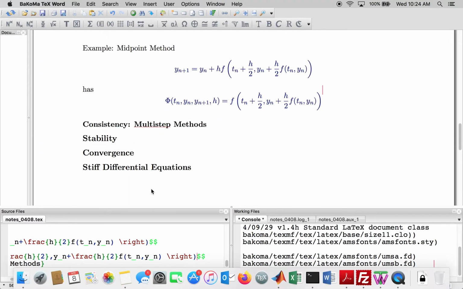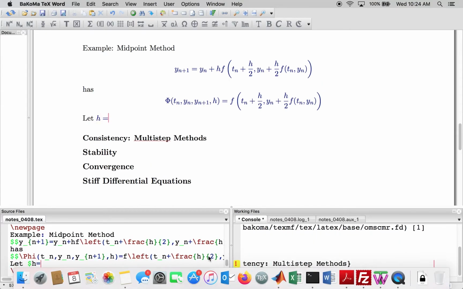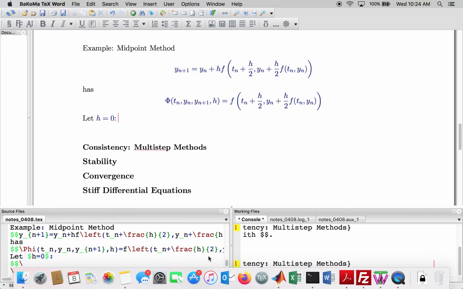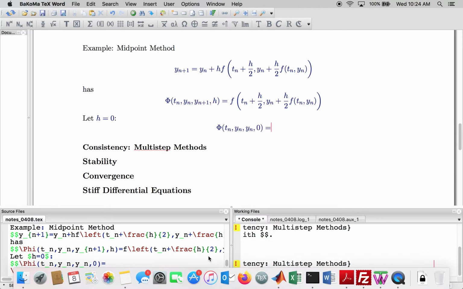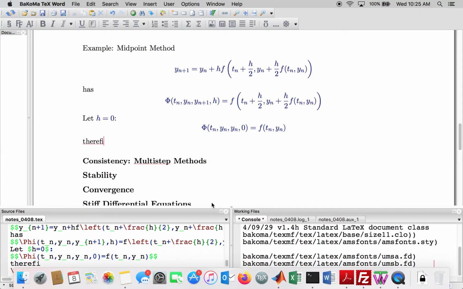So that's our phi. So we let h equal 0. So what we get is phi of t_n, y_n, 0 is equal to f. We set h equal 0, so that term goes away, and that term goes away also. So we're just left with f of t_n, y_n. So we get that the method is consistent.